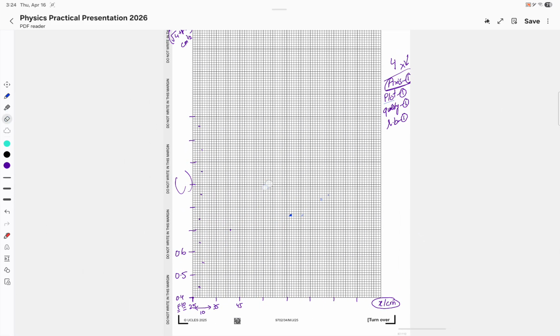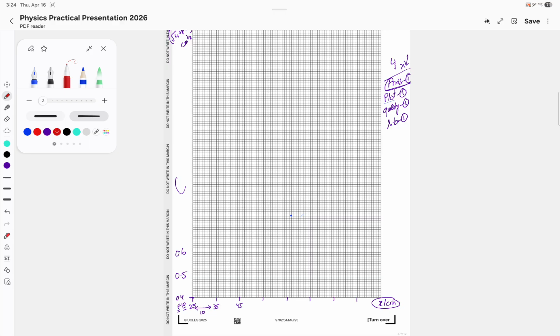Let me clear this area. Imagine I draw, change the color, a little thickness, a line, right? Now there must be some points over there, and now I have to find the gradient.